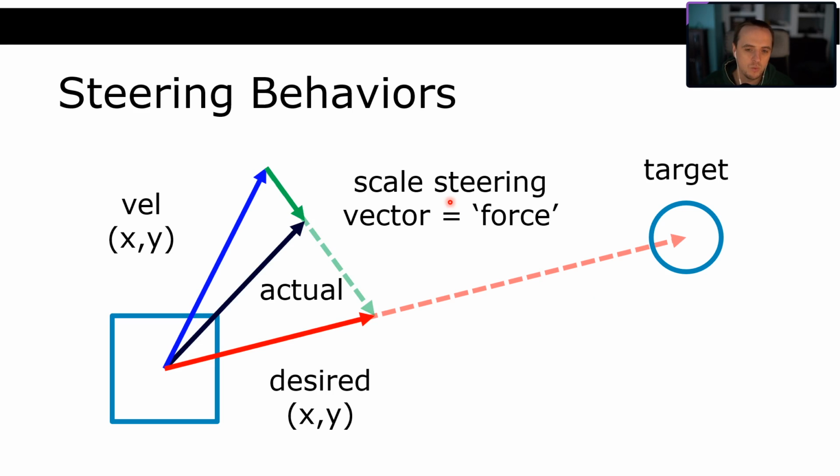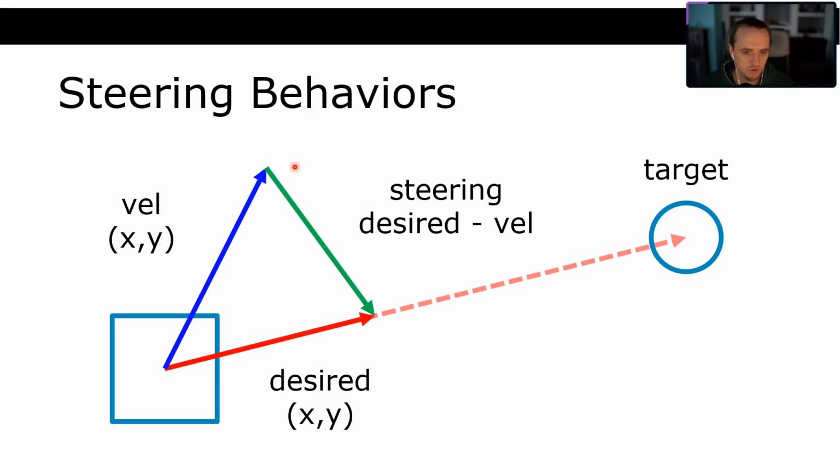Now, we're going to follow the steering force, but we're going to scale that force by some scalar value. So here, for example, if my steering scalar was 0, then I would keep on my current trajectory and do no steering at all.